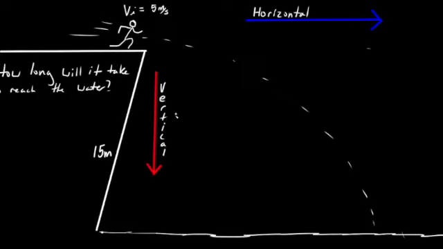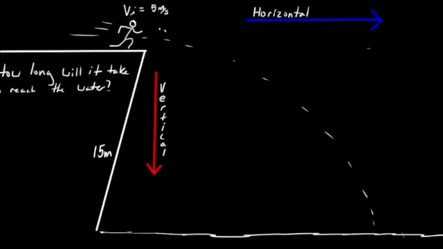To solve that part, we have to realize that him running off the cliff and falling is, in terms of the vertical motion, no different than if he were to simply step off and drop straight down. Whether he runs straight off this way or simply steps off the cliff, he would reach the water in the same amount of time.